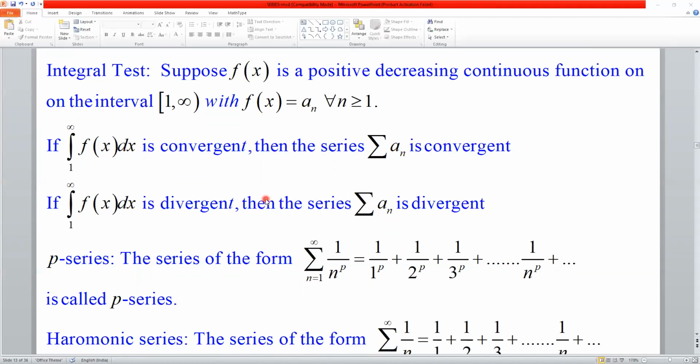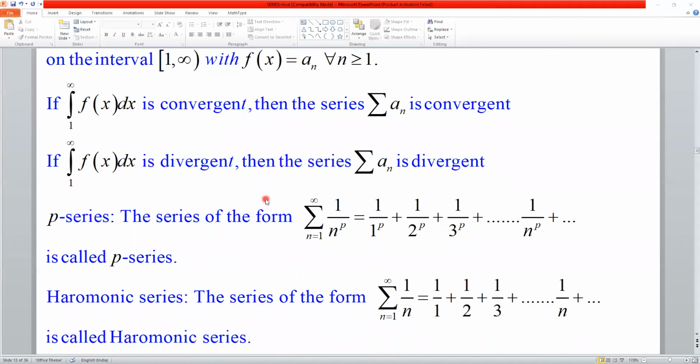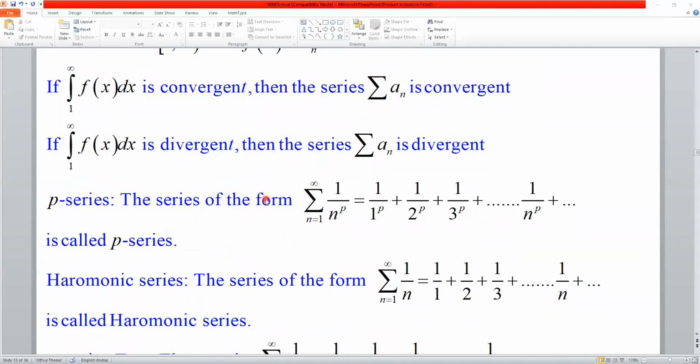So let us move to the definition of the P series. The series of the form summation n equal to 1 to infinity 1 by n power p, equal to 1 by 1 power p plus 1 by 2 power p plus 1 by 3 power p plus etc., is called a P series, where p is a positive real number.